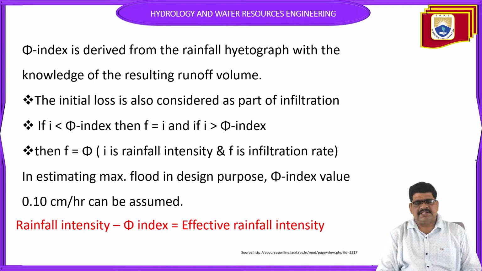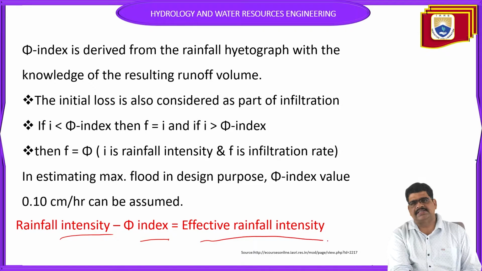Then the effective rainfall intensity is equal to the rainfall intensity minus the Phi index. From this equation we find the rainfall intensity and the Phi index, and the effective rainfall intensity can be known using this simple equation.